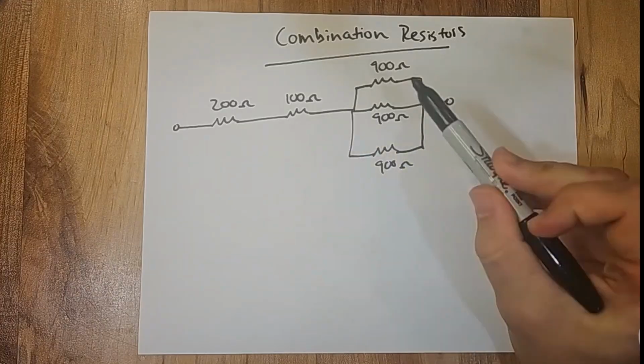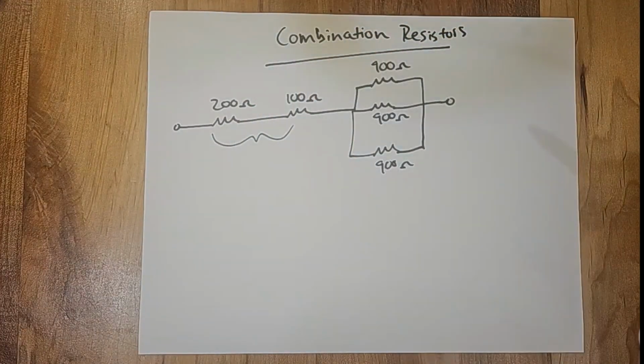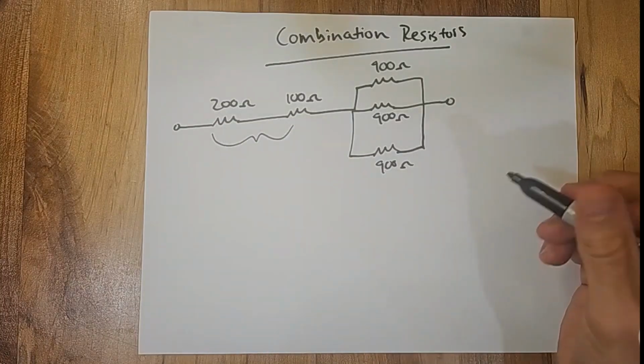So we can simplify this one step at a time. So first, let's simplify these. These are in series, so we just got to do 200 plus 100. That's going to be 300 ohms.